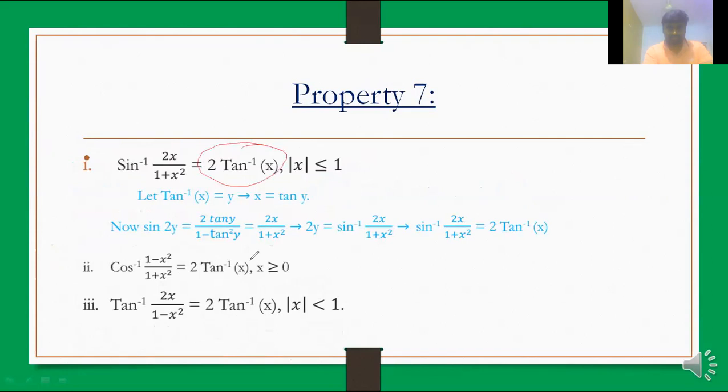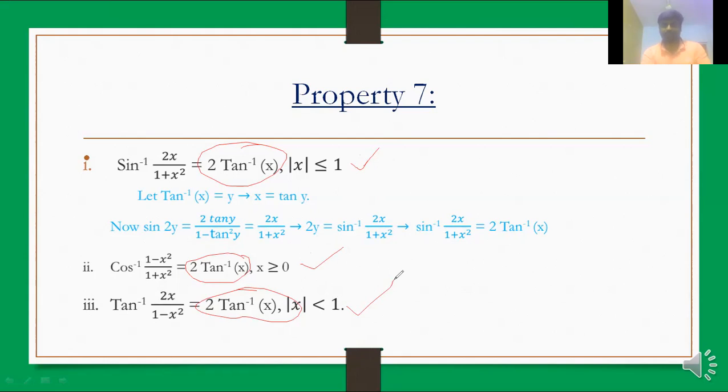Just try to understand. 2 times that means this formula has come from sine 2x, this has come from cos 2x, and this has come from tan 2x. Correct? It's very easy to understand this formula, just if you know the sine 2x, cos 2x, and tan 2x formulas.